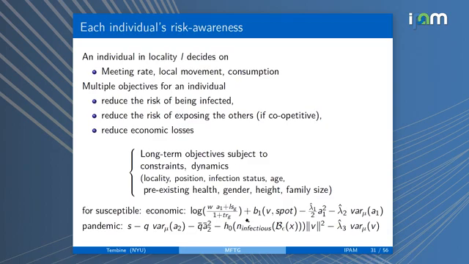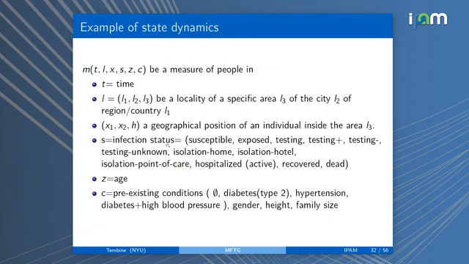Now, this is the cost function for the individual. We plug that in. And for the dynamics, I take the location, time, infection status: susceptible, exposed, testing, and isolation at home, hotels, hospital. Some of them are hospitalized or recover or death. So these are the states.